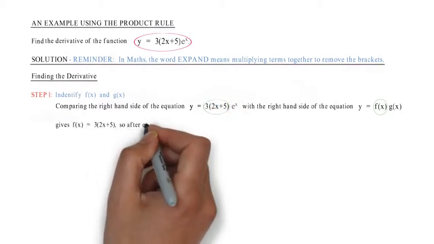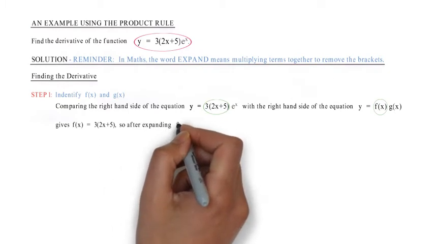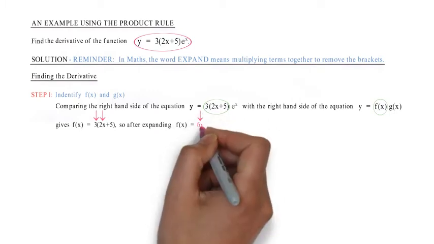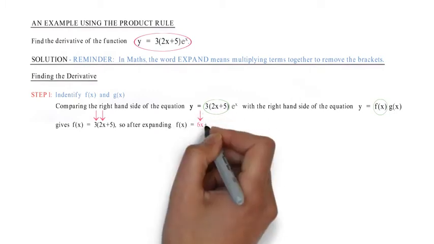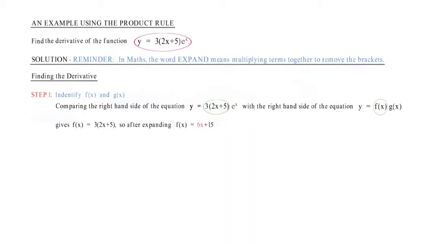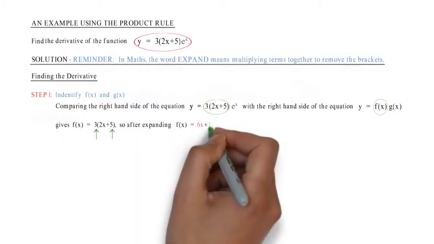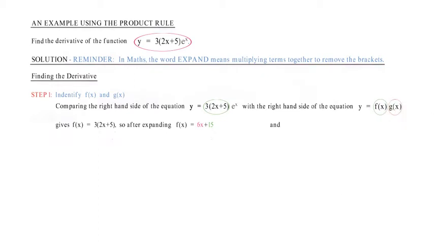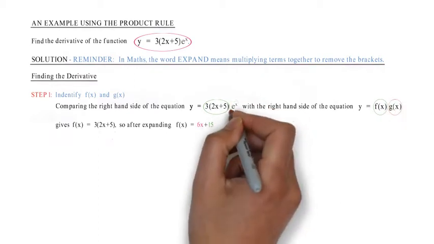So after expanding, f(x) equals 6x because 3 times 2x is 6x, plus 15 because 3 times 5 is 15, and g(x) equals e to the x.